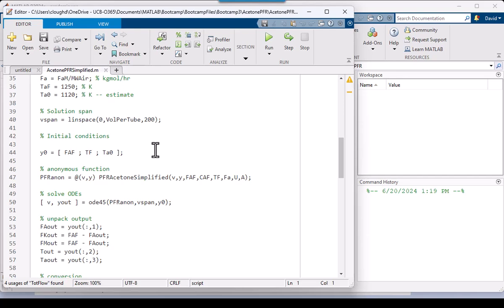As you've seen now many times, we declare an anonymous function in terms of volume and our dependent variables, and reference PFR acetone simplified with those and some additional parameters that we need to pass through from here through ODE45 in this case to the PFR acetone simplified function. So let's go take a look at that.